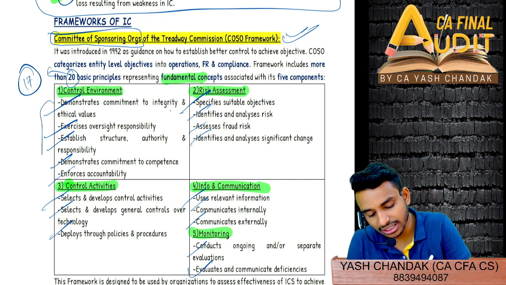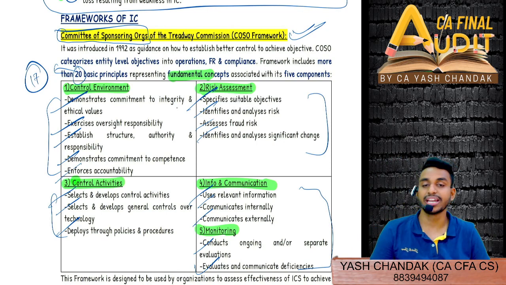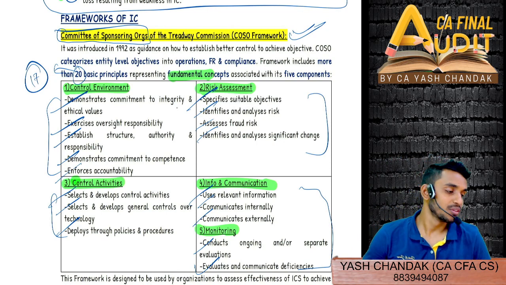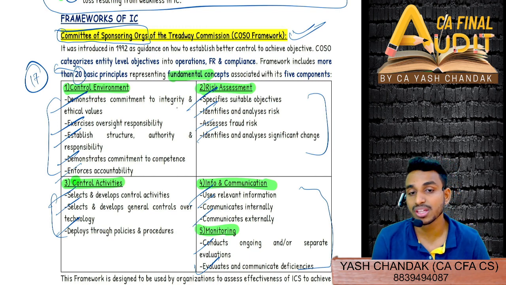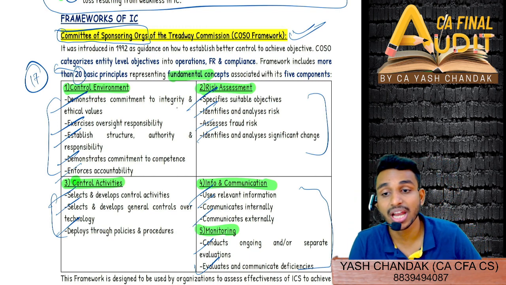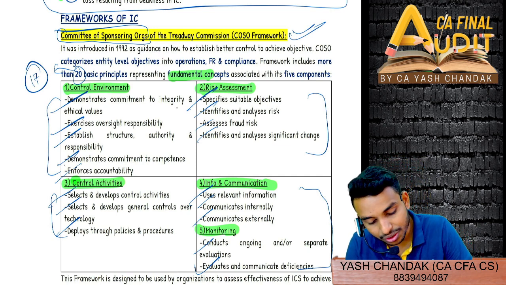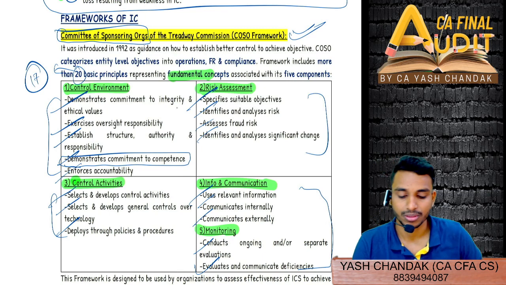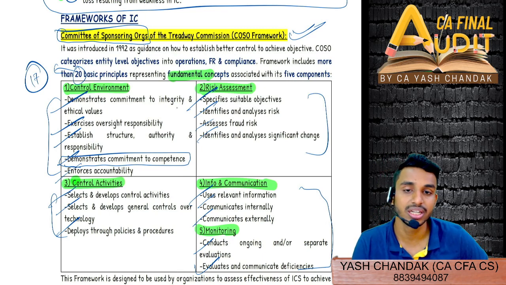You can go through all the points. If they want to dig in, they can ask you in which component a principle belongs, or vice versa, as an MCQ. They can ask: demonstrates commitment to competence belongs to which component of internal control under COSO.